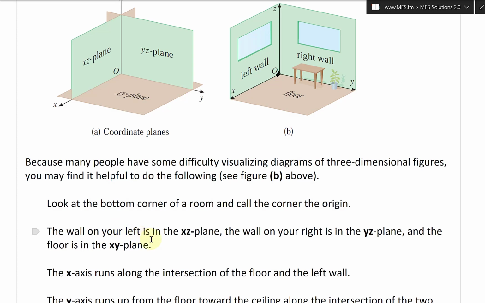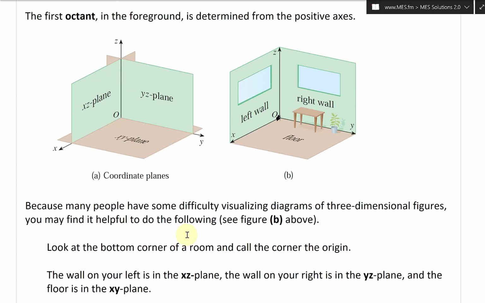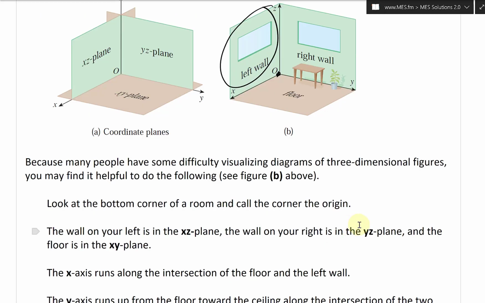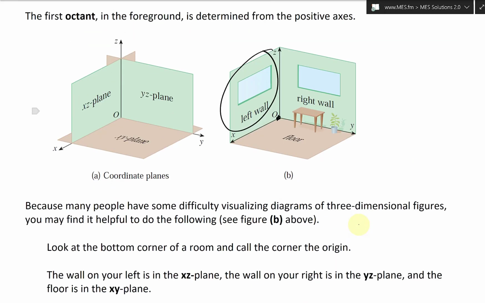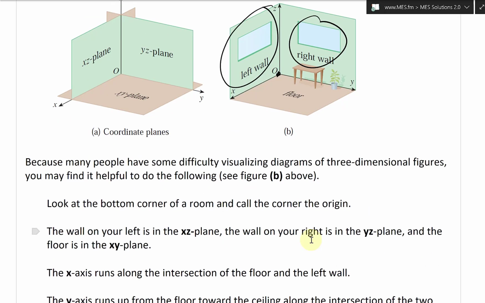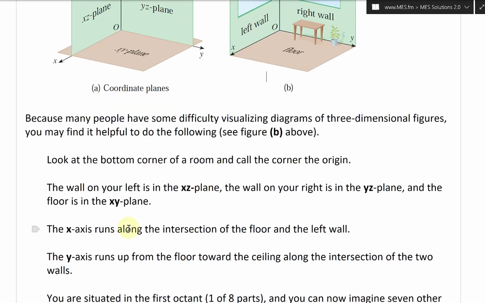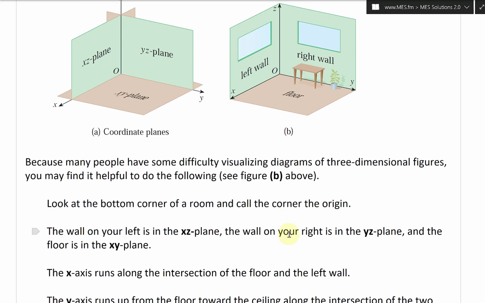The wall on your left is in the XZ plane, there's the left wall. The wall on your right is the YZ plane, there's the right wall. And the floor is the XY plane.